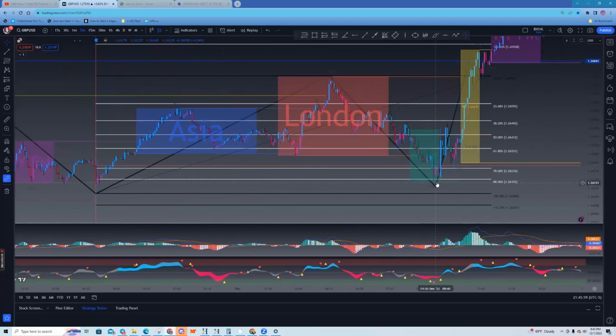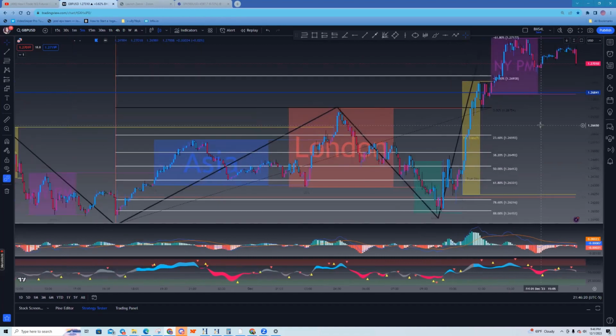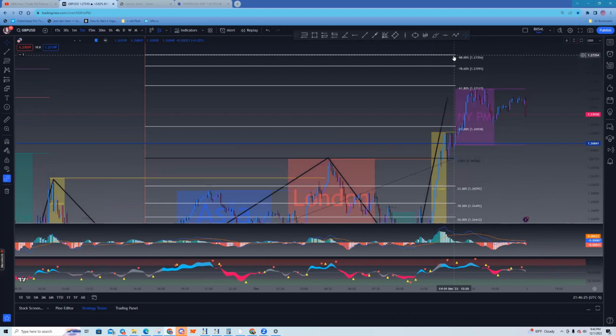I love when this level gets hit and it gets respected, like it doesn't clear out. If it was a buy, it wouldn't clear out the high, and if it's selling off, it won't clear out the low. I love when the 88% level is respected, because guess what? More than likely, we're going to get a buy to this level.